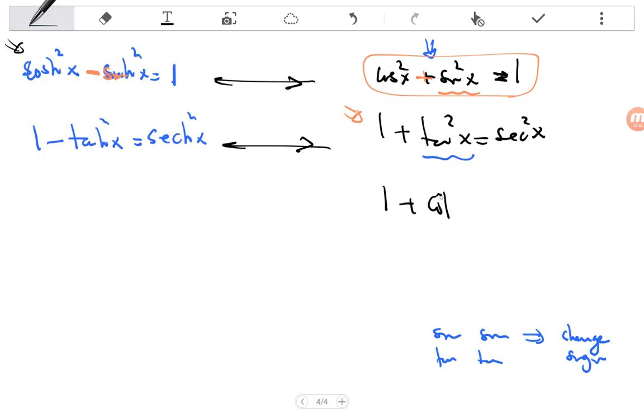Okay? So what about this rule? 1 plus cotan squared x is just equal to cosec squared x. What is the analogous of this rule? Do I have two tans multiplied by each other in this rule? Yes. Inside the cotan squared, two cotans multiplied by each other are just the reciprocal of two tans multiplied by each other. So I will just change the sign of that term.